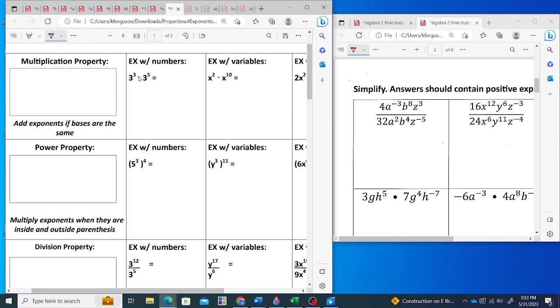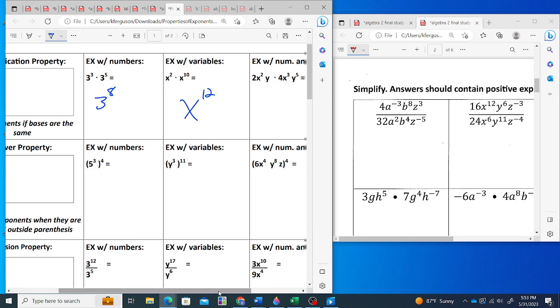Okay, so 3 to the third power times 3 to the fifth power. 3 to the eighth power, because I just add the exponents. Or if I got a variable, it works the same way. X to the second power times x to the 10th power. X is my base, 2 plus 10, so that's 12. Boom, I'm done. Right?